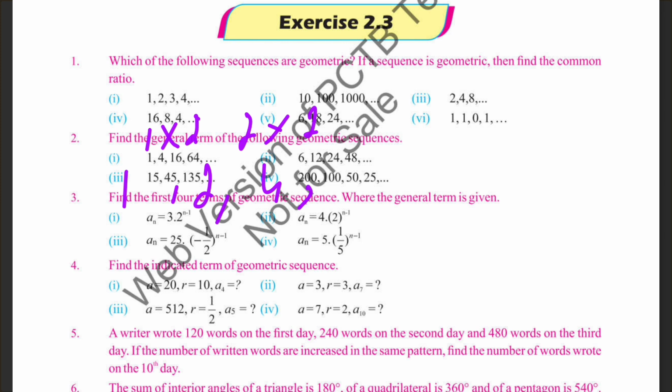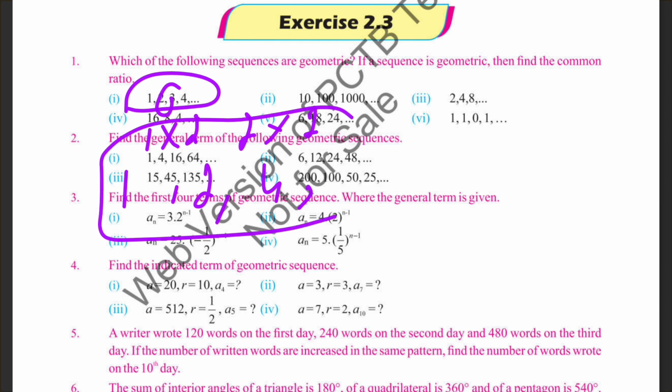Now this sequence, term 2, the next term is 3. It means this is not a geometric sequence because multiplying, the answer is 4, here 2 and 4. This is not a geometric sequence.